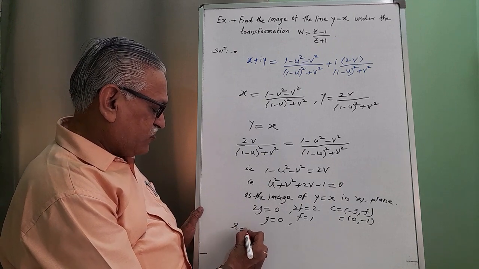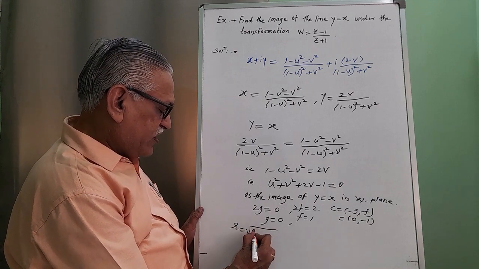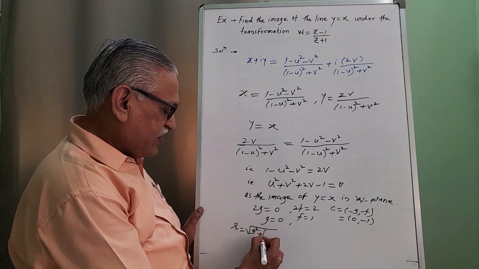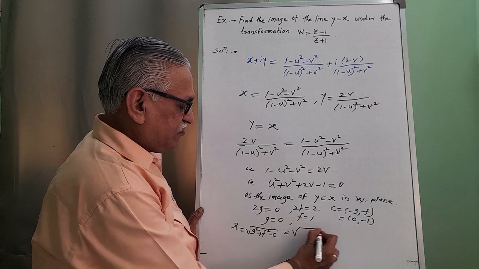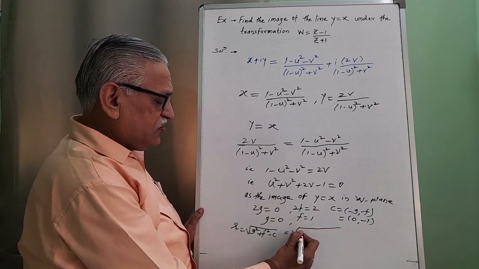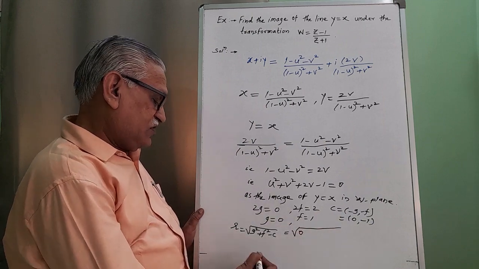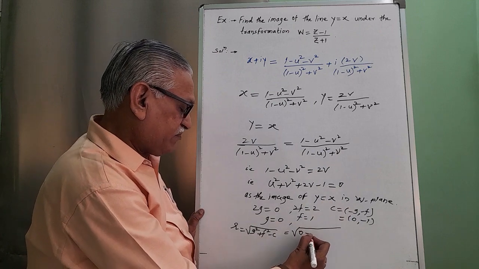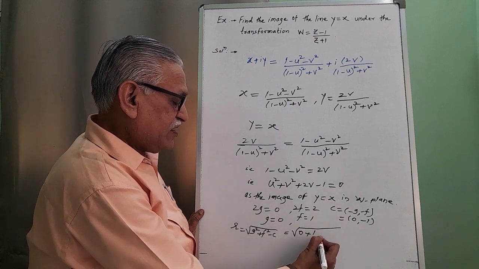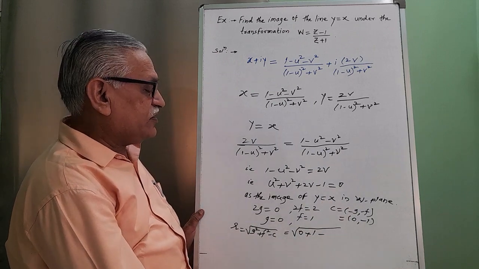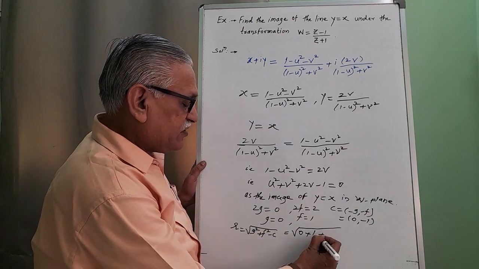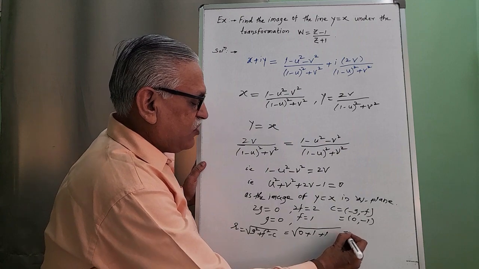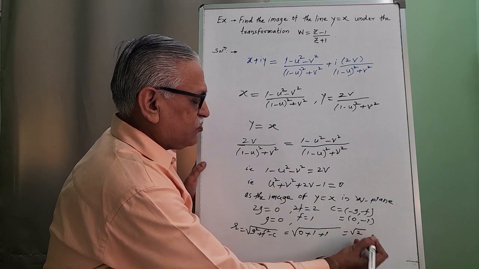Radius is given by root of g square plus f square minus c, and therefore it is root of g is 0, 0 square is 0, f square 1 square, and minus c, the value of c is here minus 1, therefore minus minus becomes plus 1, therefore the value of radius is root 2.